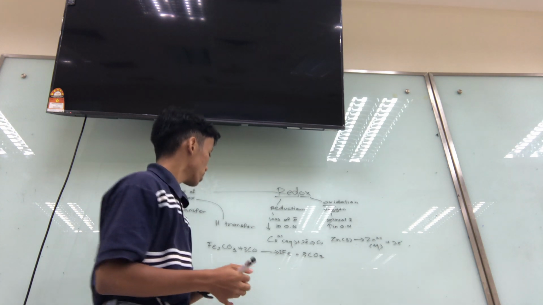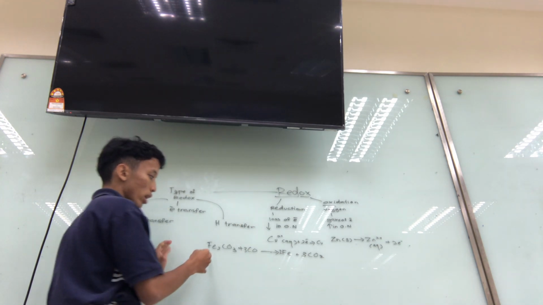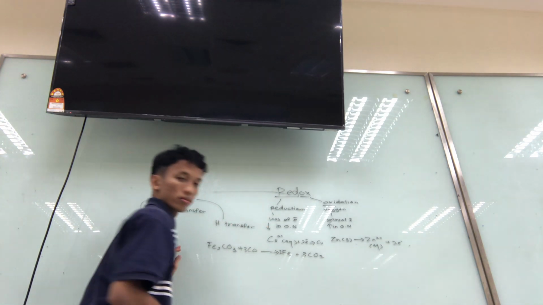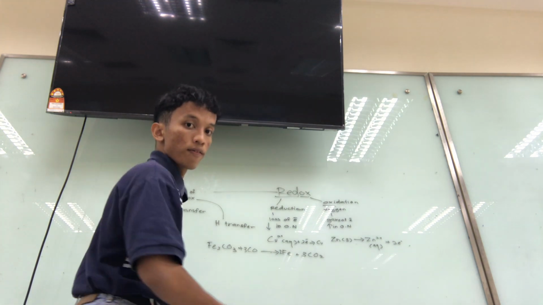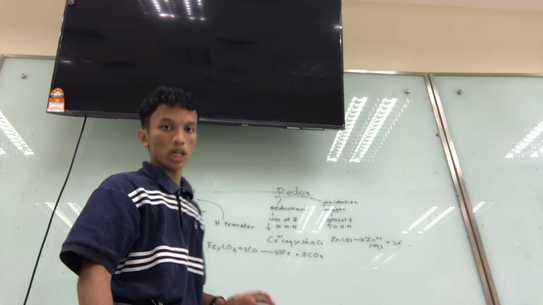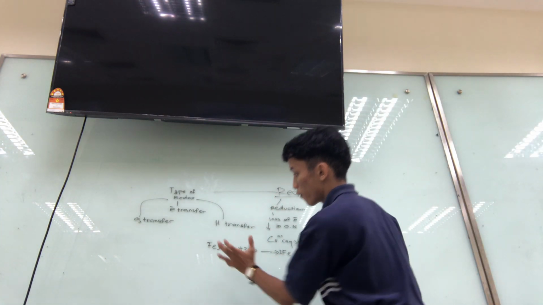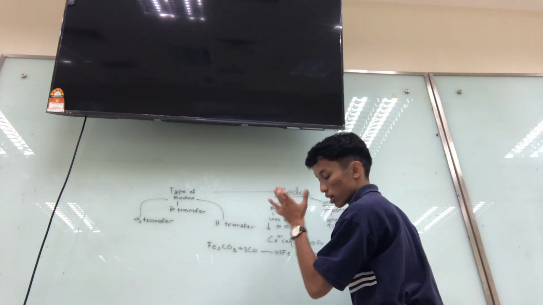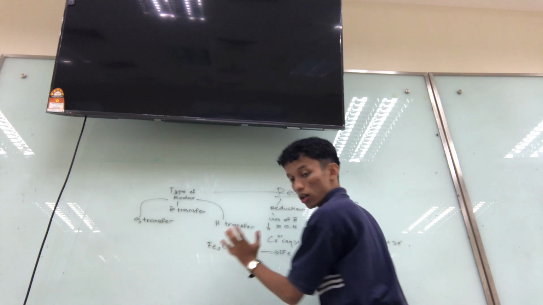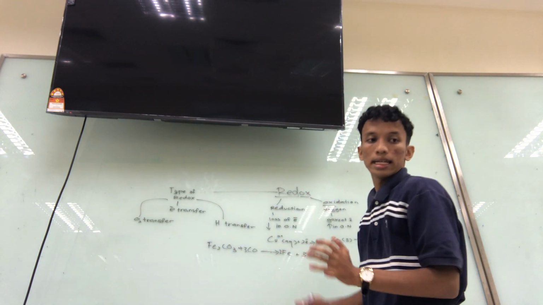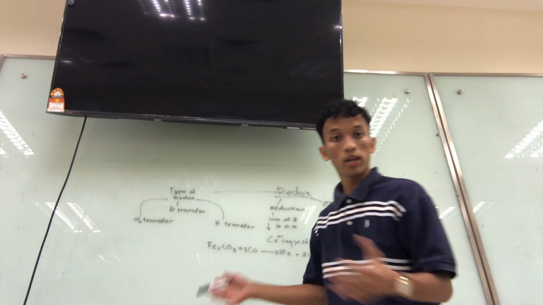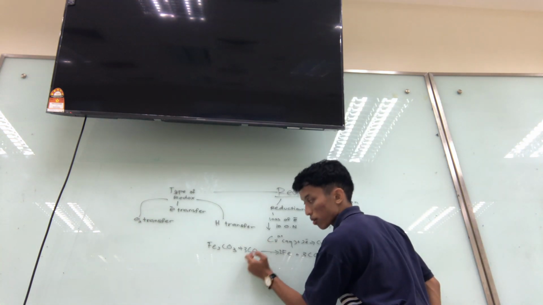From this reaction, we know that ferrum loses oxygen. What does it mean? This means that iron 3 oxide is reduced by carbon monoxide.